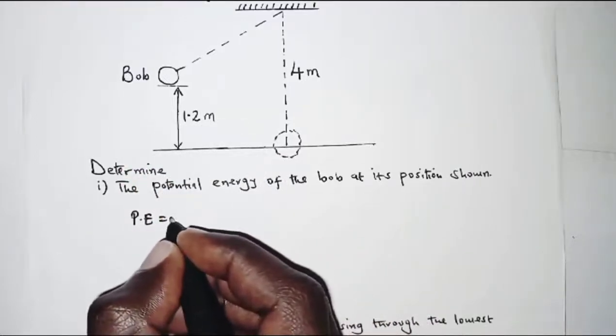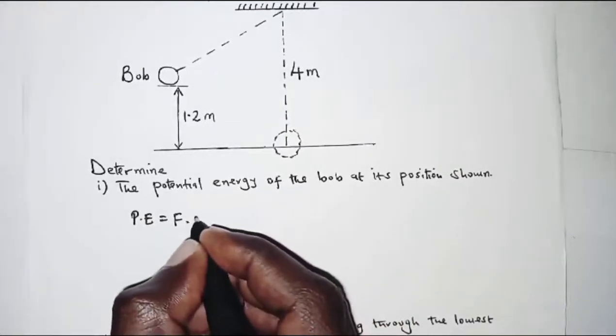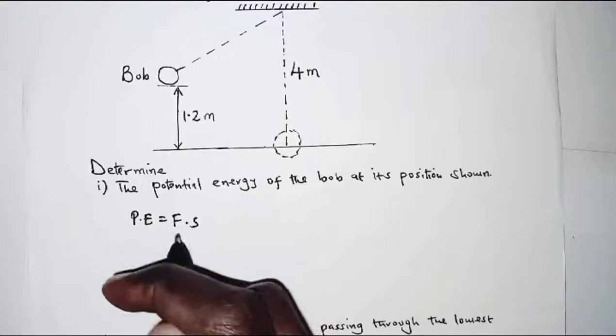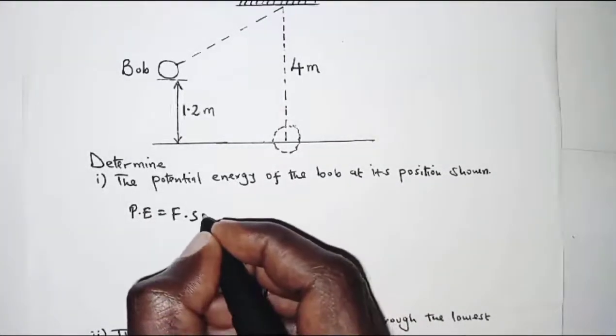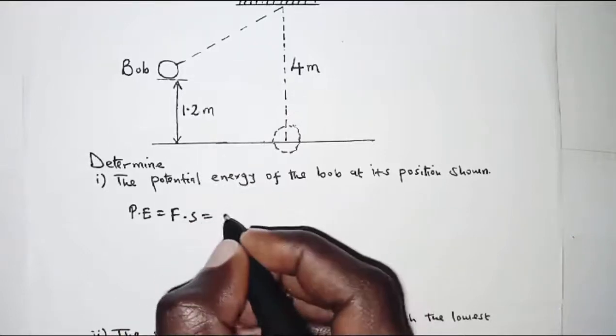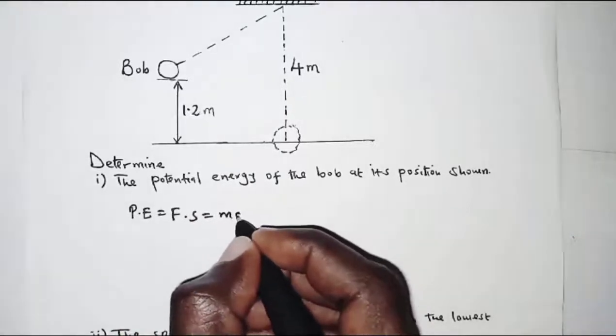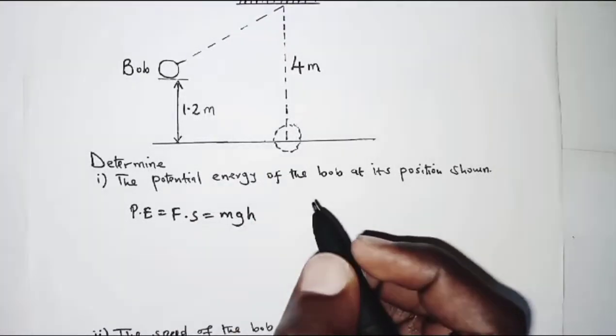So work done is given by the force required by the distance covered, so that is a product, and that is given again by, so the force is just the weight of the bulb, which is given by mg, and the distance covered is the height h.